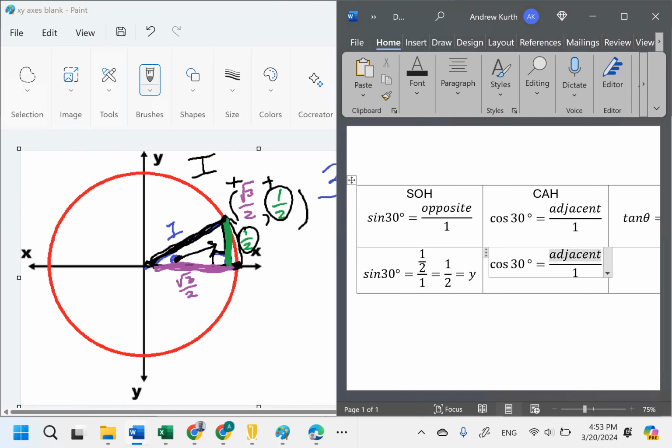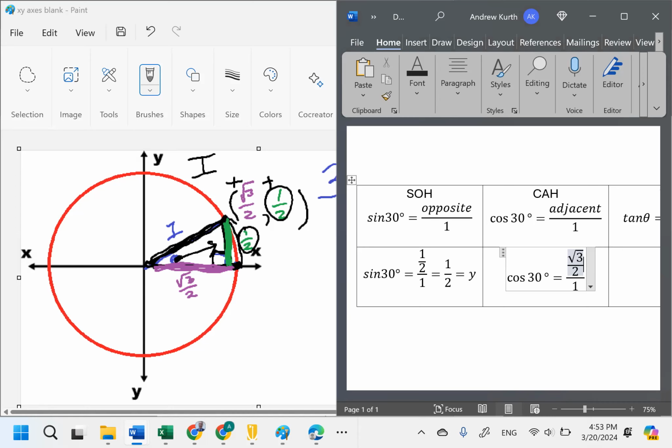And then for our cosine, we actually got this weird number in purple. The square root of 3 over 2. We haven't shown how to figure that out yet. You just have to trust me that that's the answer. So the purple cosine, the adjacent side, square root of 3 over 2, then divided by 1 because the hypotenuse is 1.